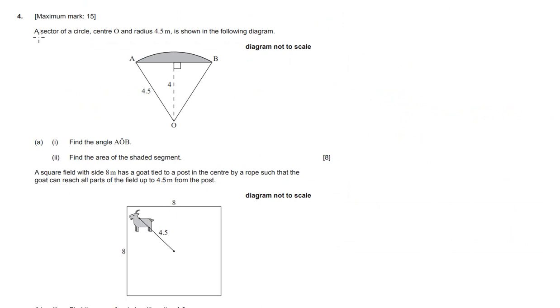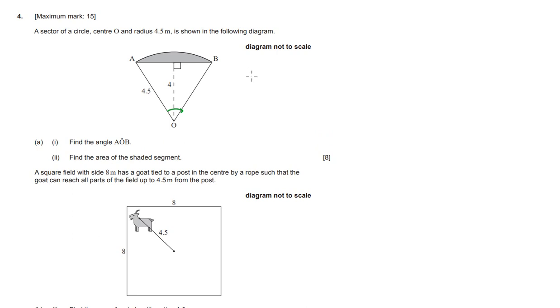All right, number 4. A sector of a circle, center O, and radius 4.5 is shown in the following diagram. Find the angle AOB. So we're looking for this whole angle here.